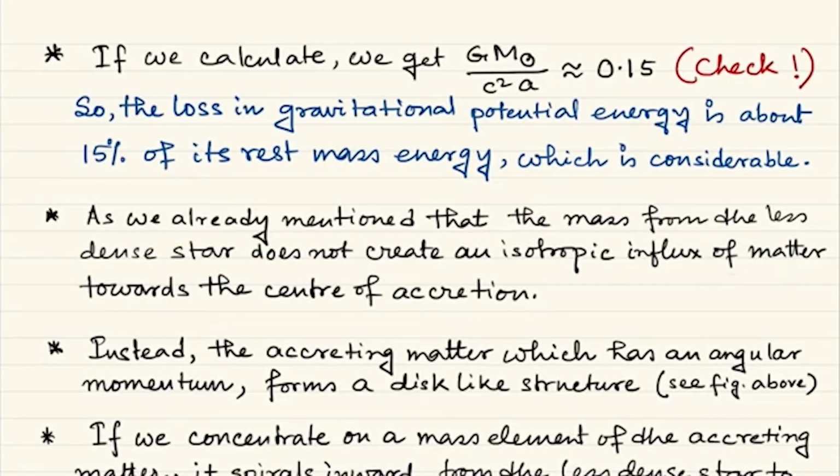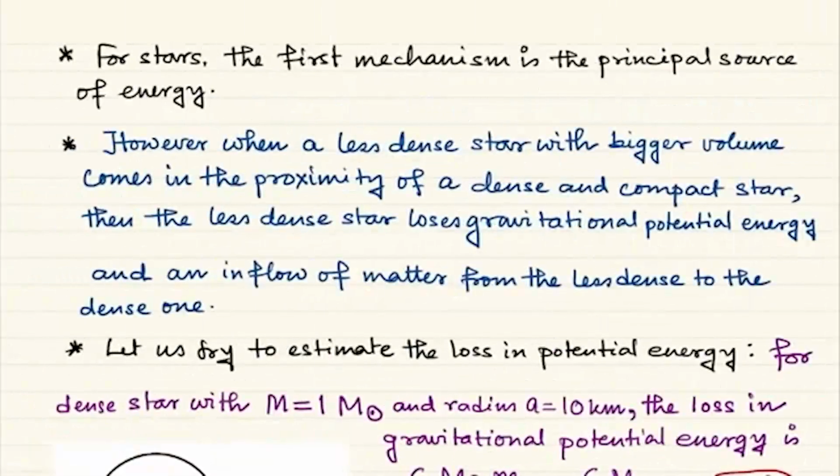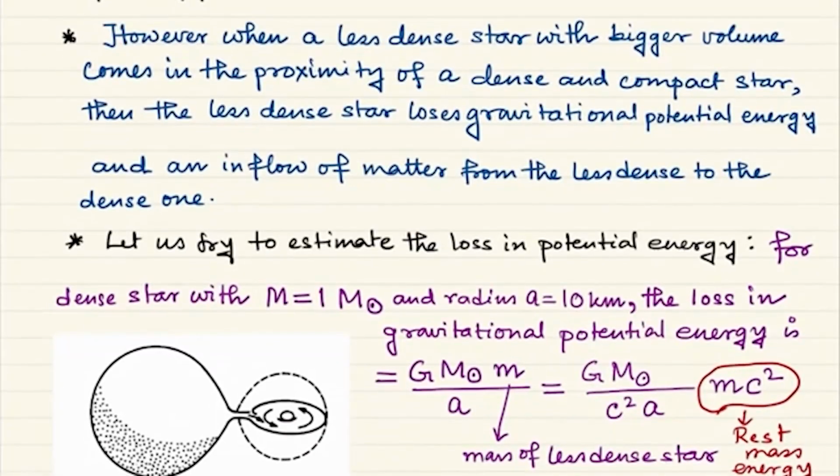Okay, so this type of thing will never be accreted like a sphere, but the accreting matter, which has an angular momentum, indeed forms a disc-like structure. Okay, once again you can just see this figure for reference. Okay, so this is the disc which is formed over here.